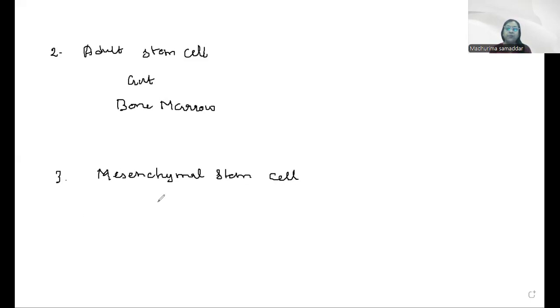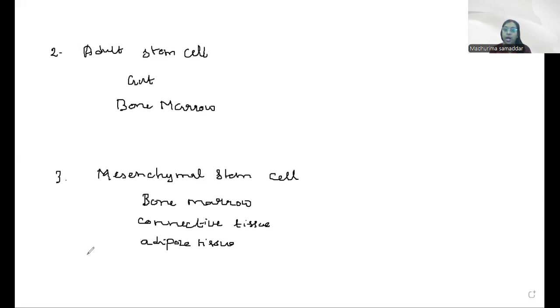Mesenchymal stem cells, it comes from bone marrow or the connective tissue, adipose tissue, umbilical cord, okay?